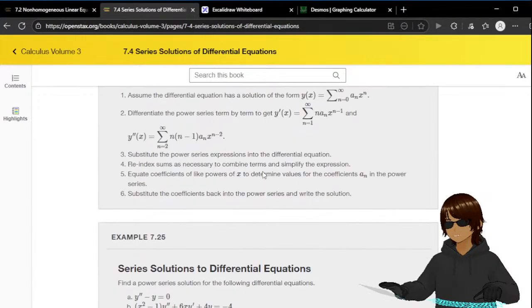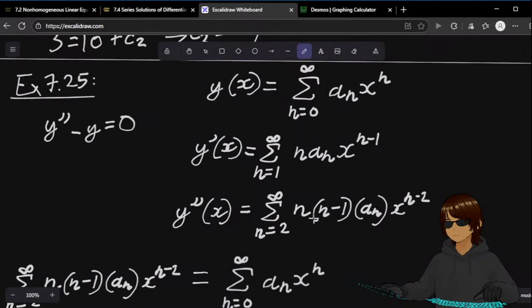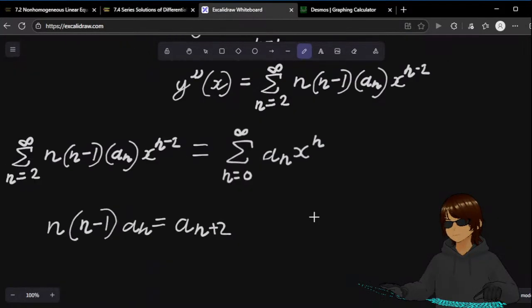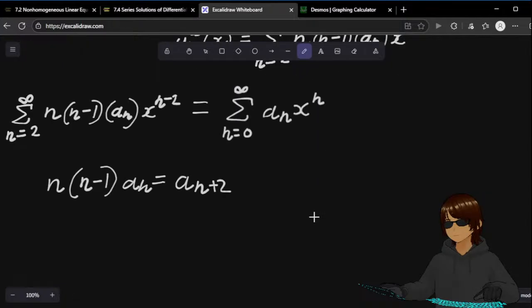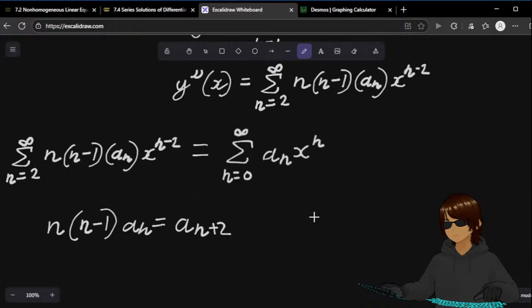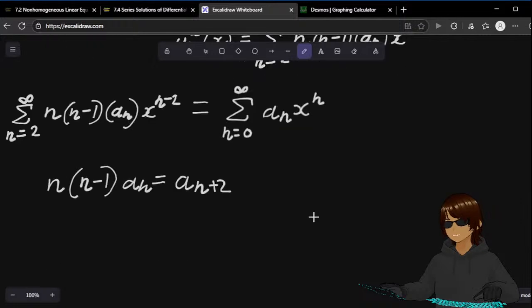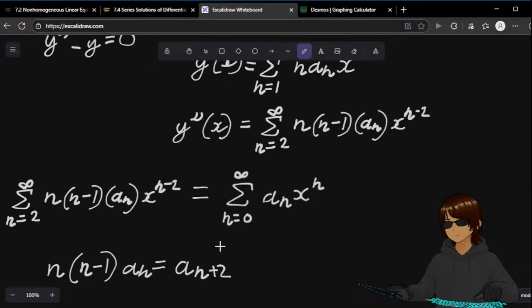Find the power series solution. So then that means I can plug this back in here.